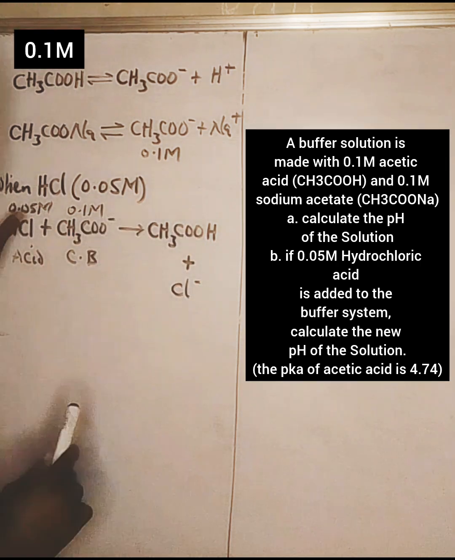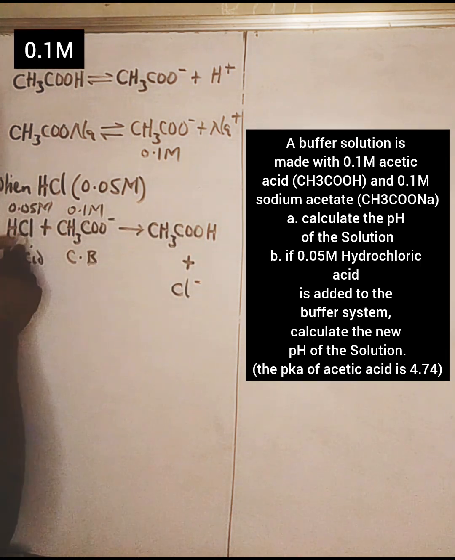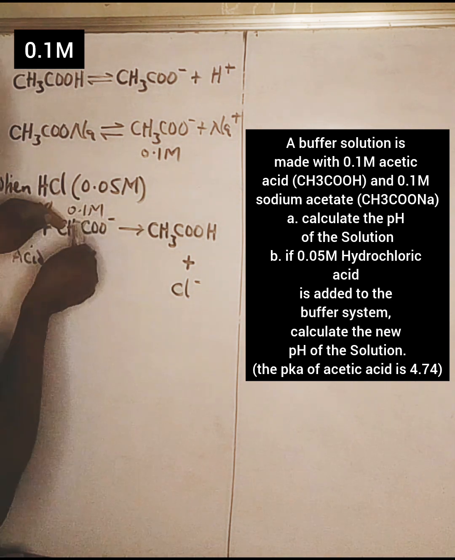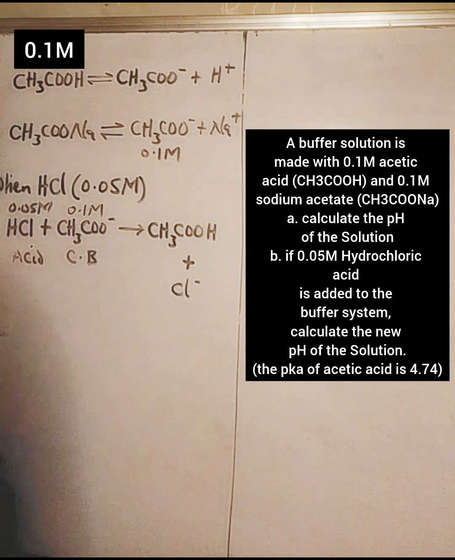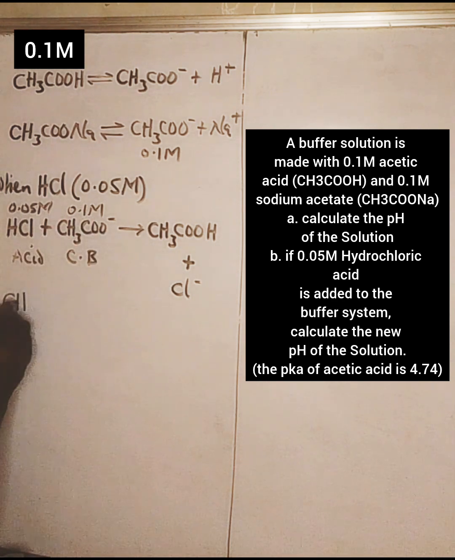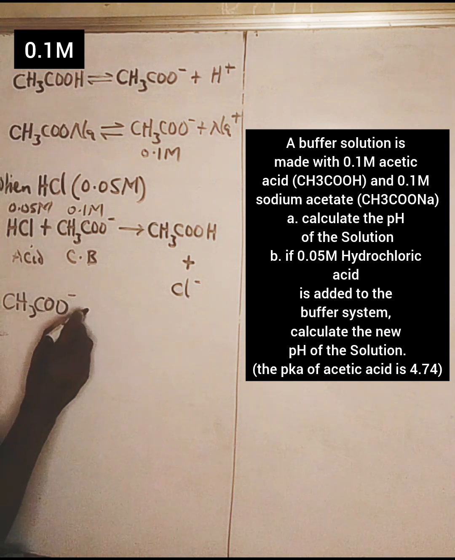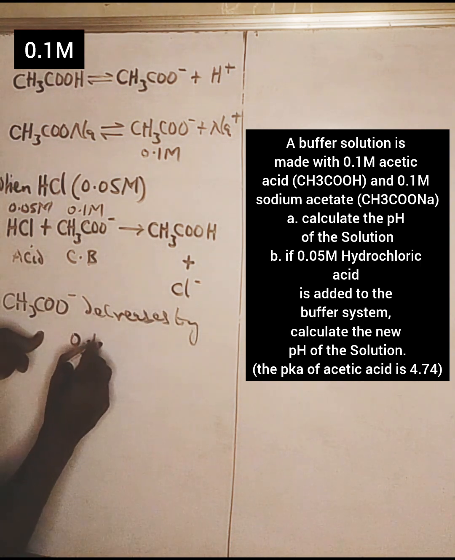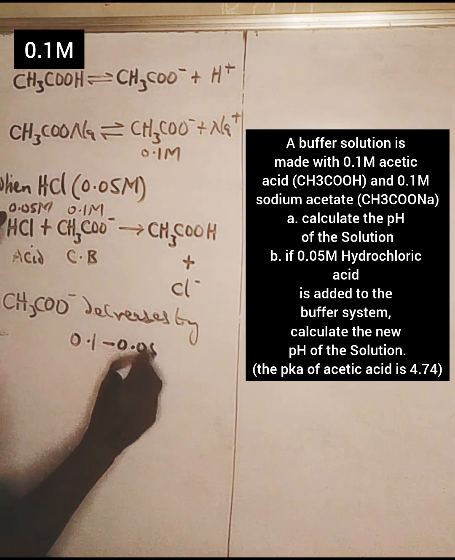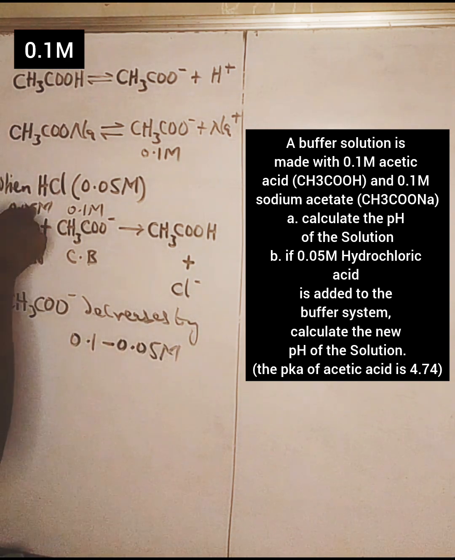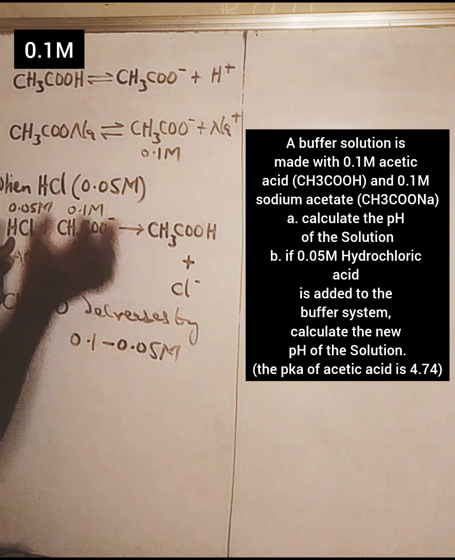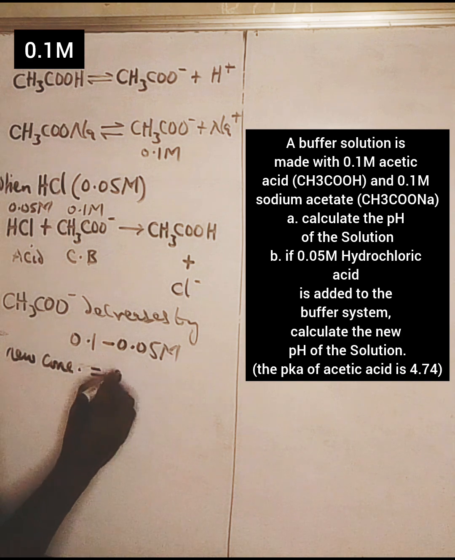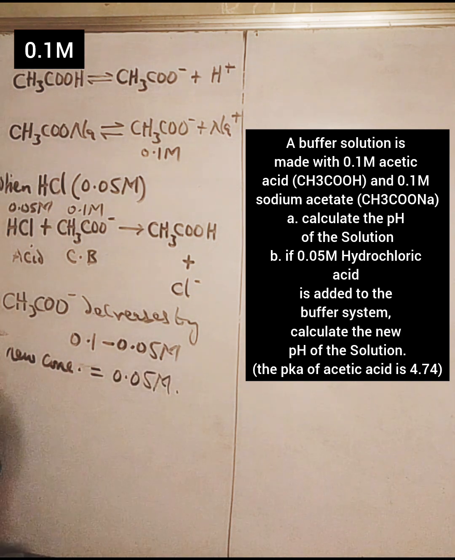Common sense will tell you that when 0.05 molar of this hydrochloric acid is introduced, it will react with exactly 0.05 molar out of 0.1 molar of the conjugate base, which means this conjugate base decreases in concentration by 0.05 molar, and the new concentration will be 0.1 minus 0.05, which is 0.05 molar.